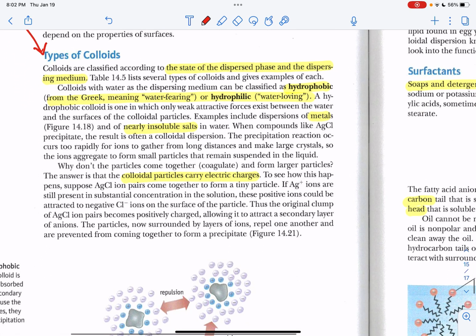Now, these colloids, containing dispersed materials in a dispersing medium, can be considered hydrophobic and hydrophilic. Hydro, of course, refers to water. Phobic, you might recognize from the word phobia, to be afraid of or scared of or repulsed by.